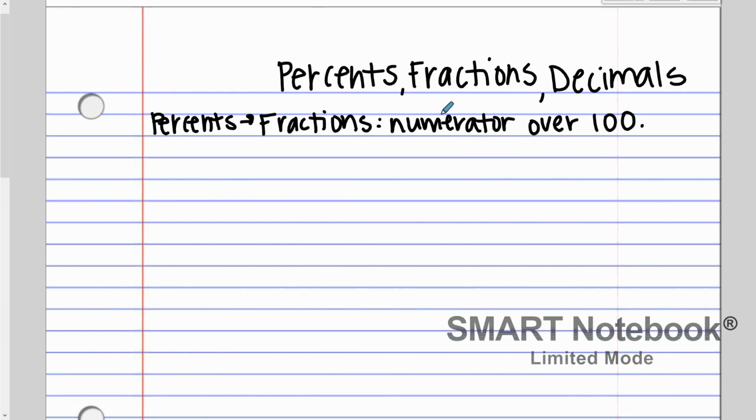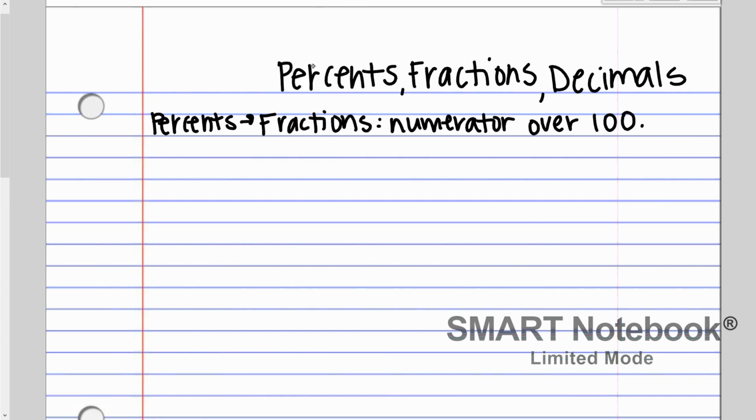Remember, the numerator is the top number in a fraction. If you get all the questions right on your test and there's no extra credit, you would get 100%, right? So percent is out of 100. Now there are situations where you can get more than 100 with extra credit, but percent is out of 100.